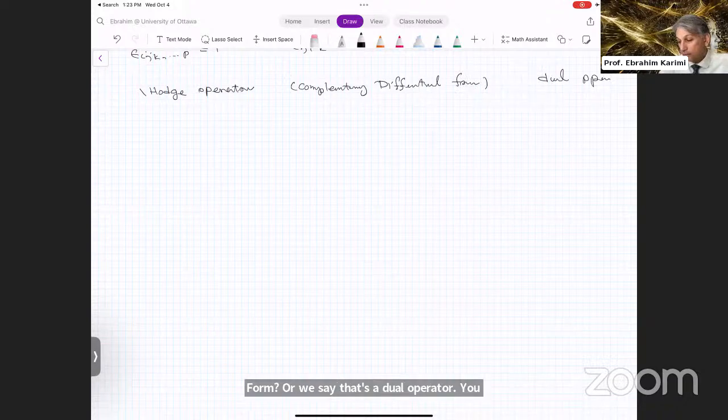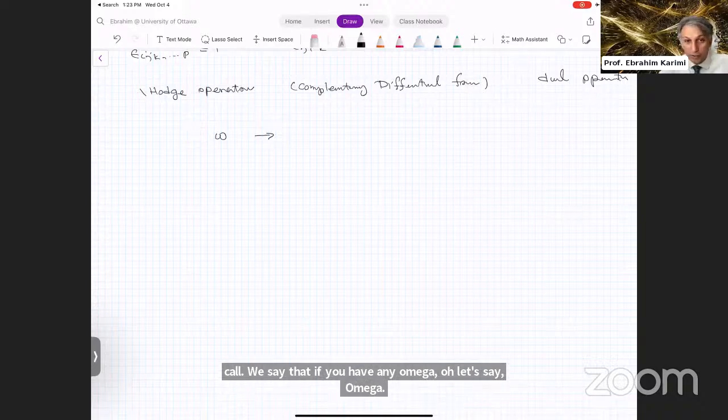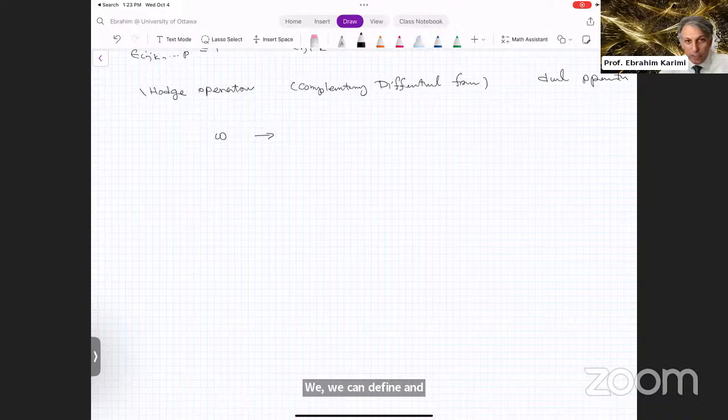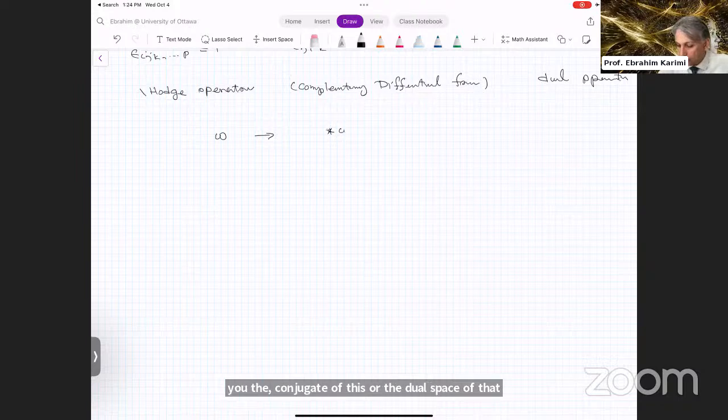If you recall, if you have any omega, then we can define an operator which will give you the conjugate of this, or the dual space of that, and we show it with the star of omega.